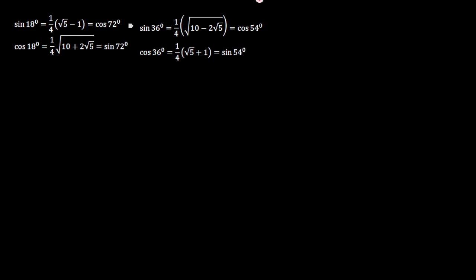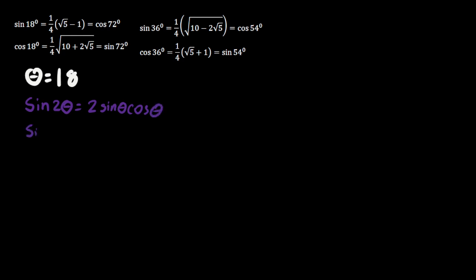Now we'll move on to this one, sine 36. All right, so we know that if we consider theta as 18, sine 2 theta equals 2 sine theta cos theta, right?